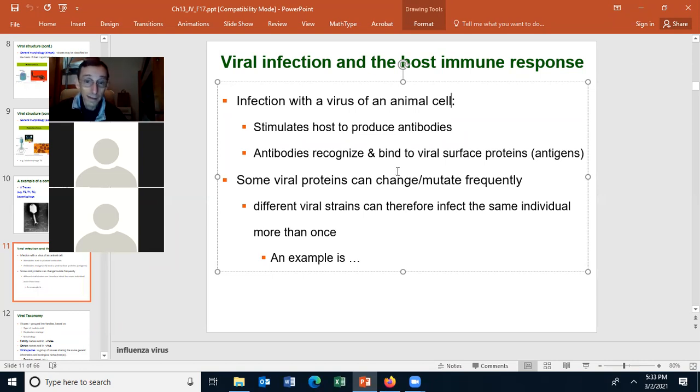And it's because the influenza virus either changes or mutates frequently, and then our body is no longer immune to the virus, because what our immunity fought was the original virus, and now the virus has mutated or changed, and it can infect us again.